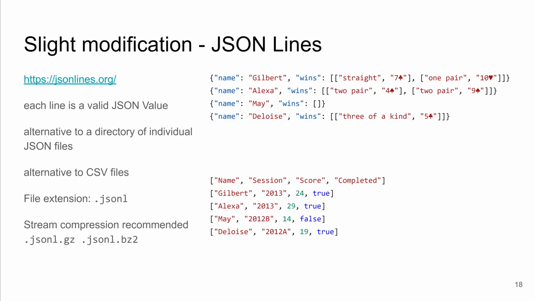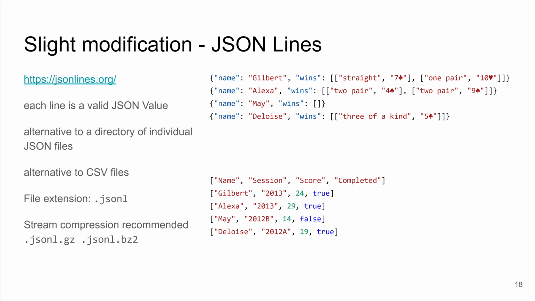This can be also used as an alternative to CSV files, which we will talk about in another lecture. So CSV files are files for representing tabular data or relational data, and they typically have rows and columns. But the problem with CSV files is that they do not support structured values very well, and JSON does.